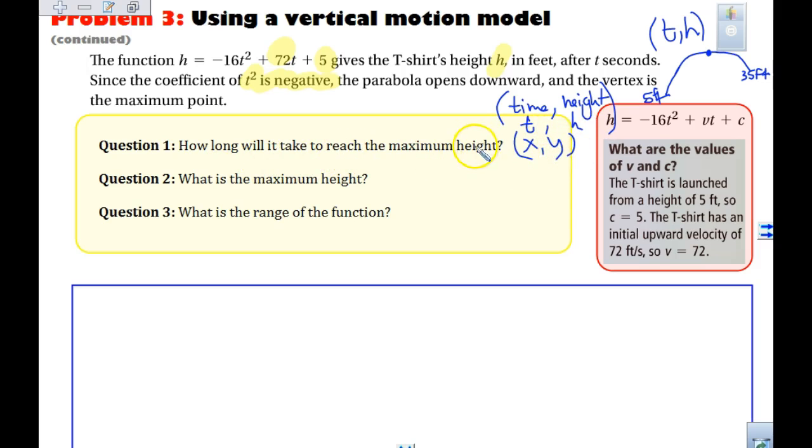So how long will it take to reach the maximum height? That's the first question. What is the maximum height? So how long? That's asking us to find time. Velocity was 72 feet per second, so time is going to be in seconds. So how do we start off? How did we find the x coordinate of our vertex?